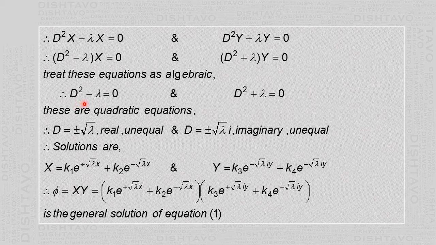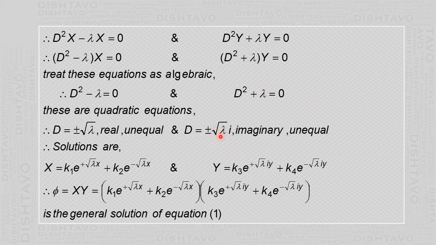You can take this minus λ to the other side, you get plus λ, D² = λ, so D = ±√λ. In the second equation, D² = −λ, so D = √(−λ), that is ±√λ i, where i is imaginary.